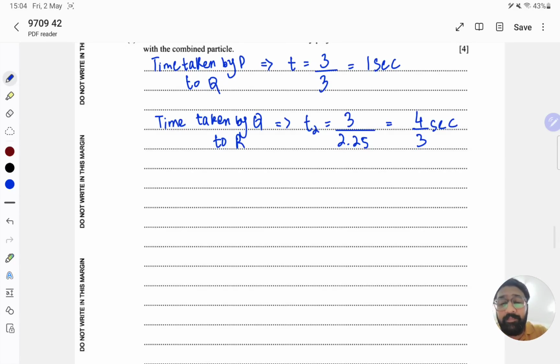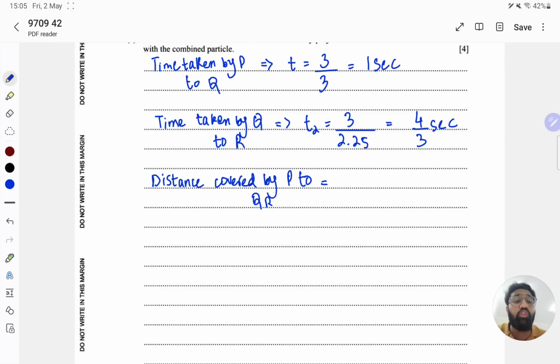Now what is happening? Look over here. Now let's calculate the distance that is covered by P in the time Q has traveled from Q to R in 4/3 seconds.